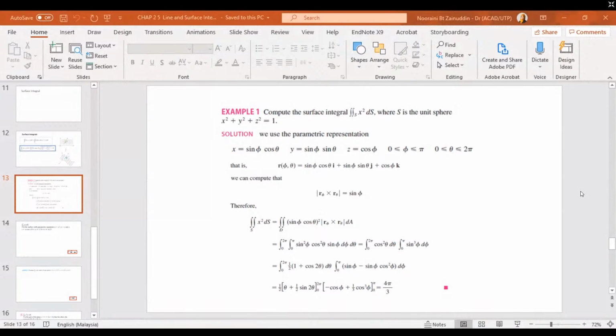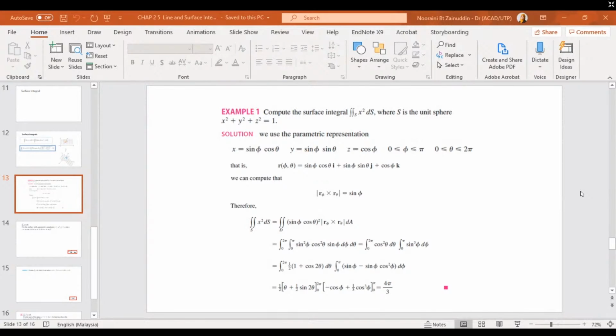Can you get sine phi for the cross product? You should get the same as given there, and then direct integration by applying the trigonometric identities. Finally, you have the answer 4 pi over 3.